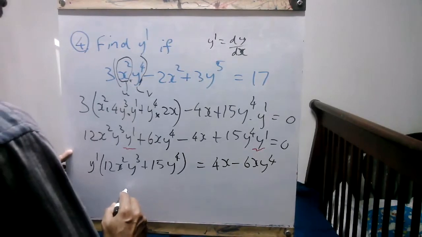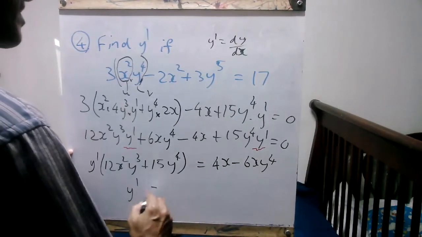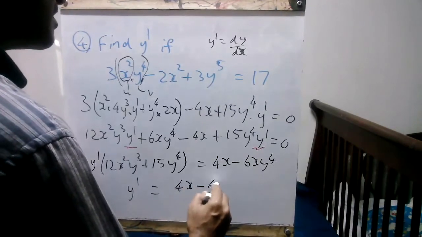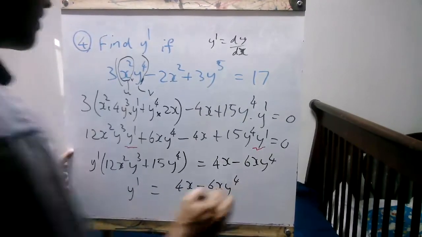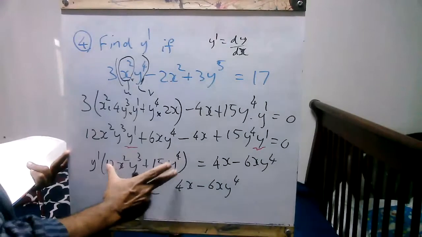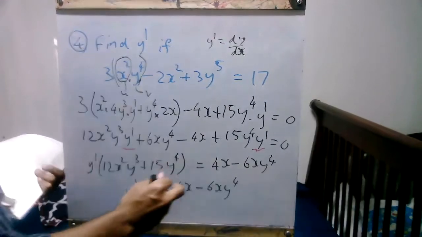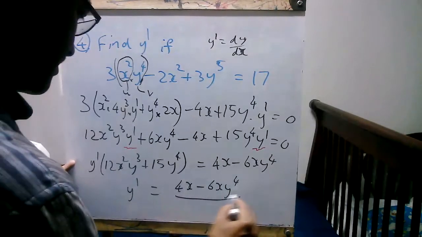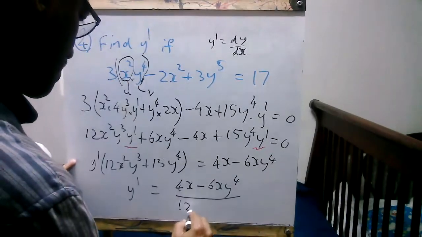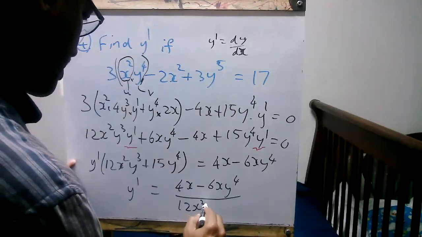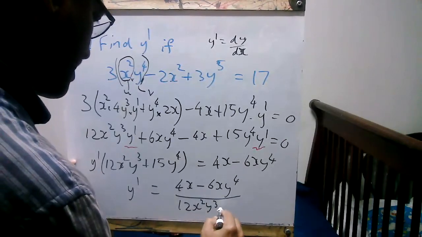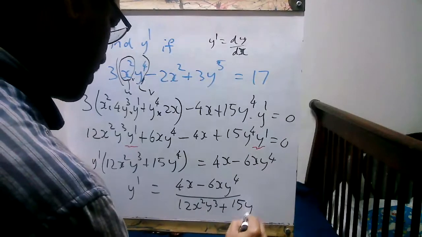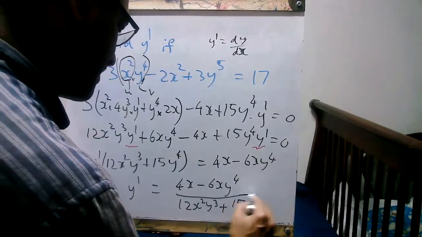Then we get y prime equals 4x minus 6x y to the 4, means divide both sides of the equation by this factor: 12x squared y cubed plus 15 y to the power 4.